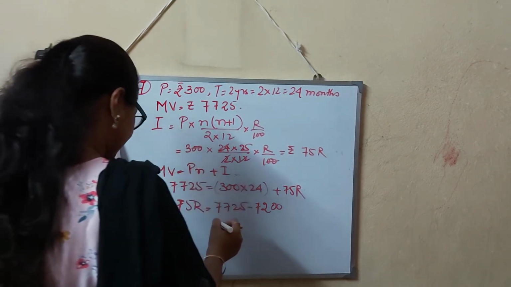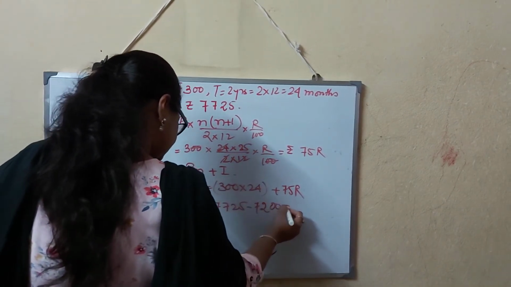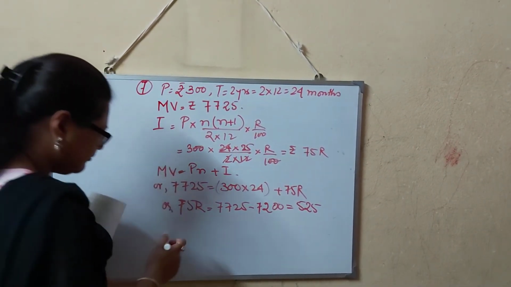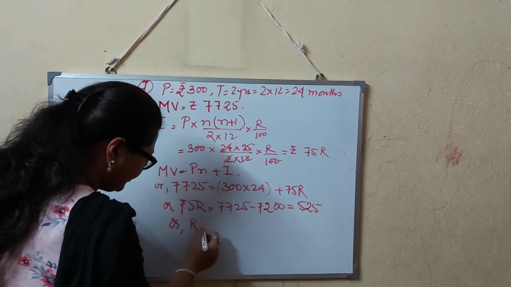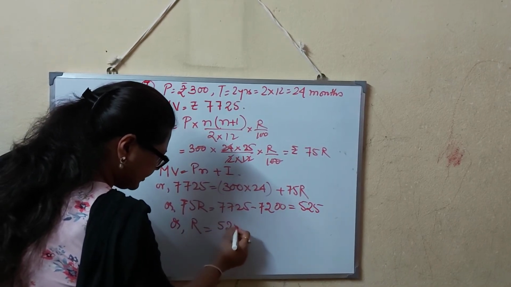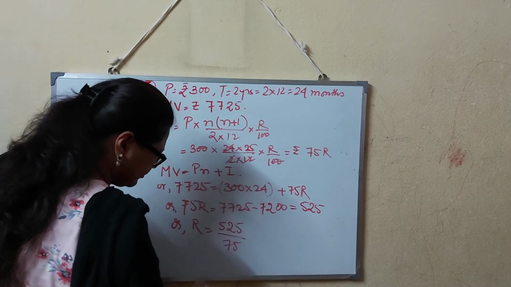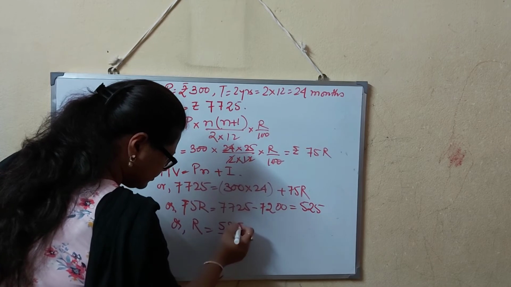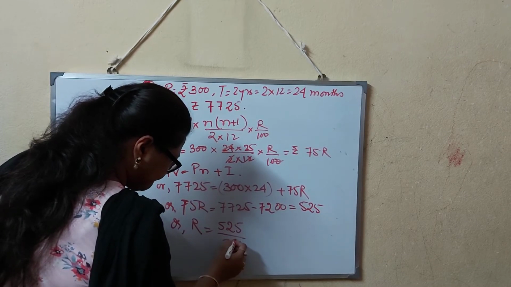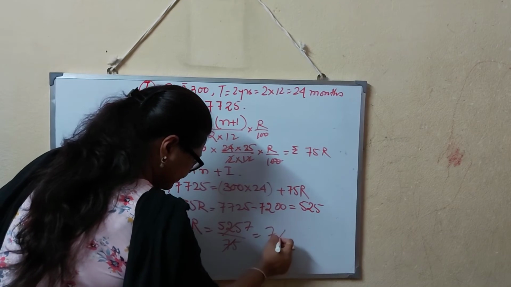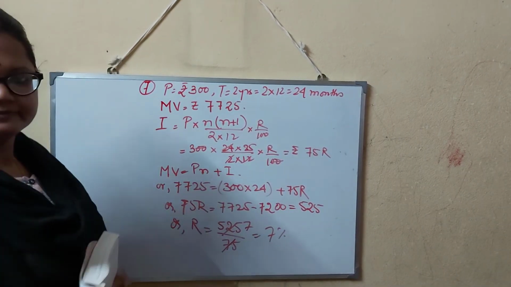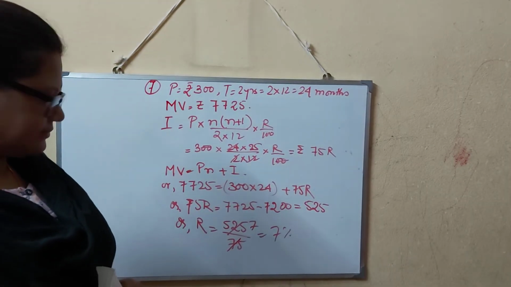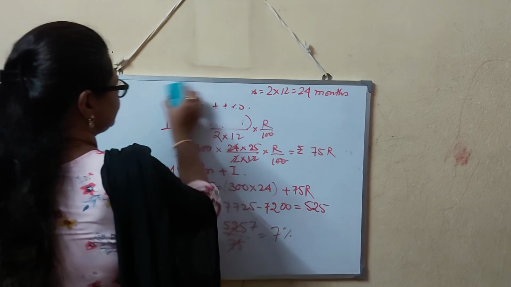That means I am getting 525. Okay. From here, R is equal to 525 by 75, which is 7. Okay? I suppose you understood. It's a very simple one. Alright, so we are going to move on to the next one.